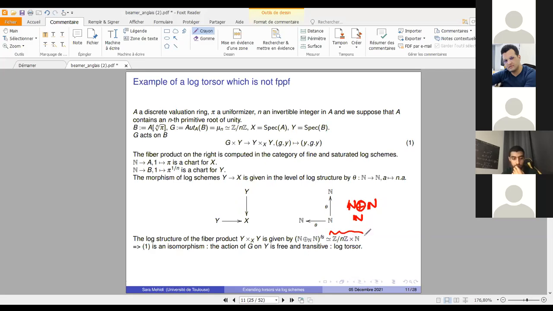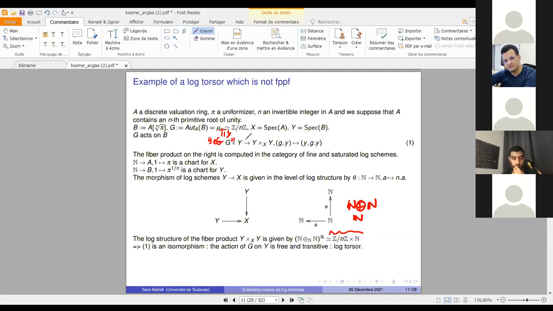So what we remark here is that this one is the same as the chart that we have here. So I recall that this is just copies of Y with G in G. So a chart for this is just given by copies of N, which is a chart for Y, with G inside Z over NZ.